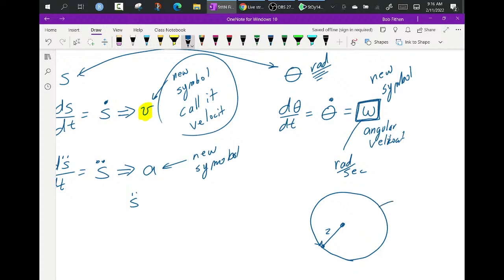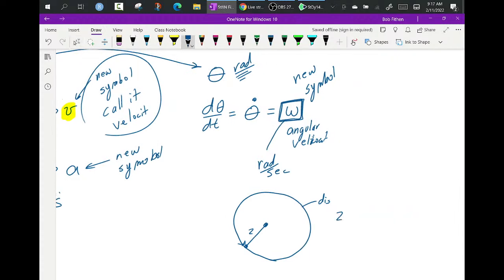How far did it go? What's the distance? That distance is like 2, in this case, maybe I'll go back and call this just R, 2 pi R. Well, what is this 2 pi? That's theta. So if it went the whole way, it would be 2 pi.